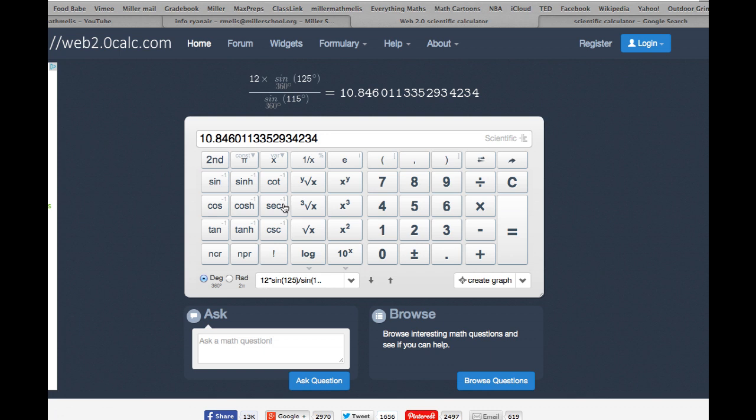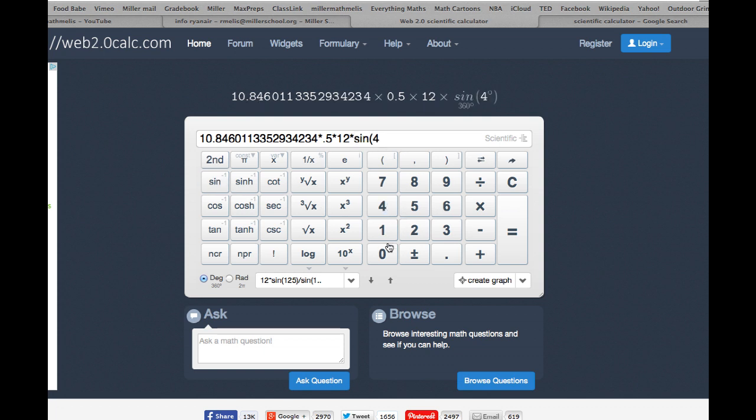So that was the answer, right? The whole formula said that I needed to do a half times 12 times this number times the sine of 40. So I'm just going to continue from this. I'm going to say times 0.5, times the 12, and then times the sine of 40.